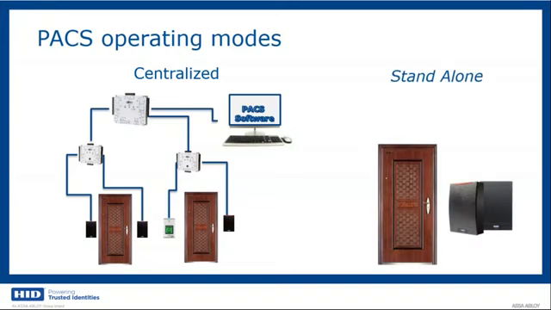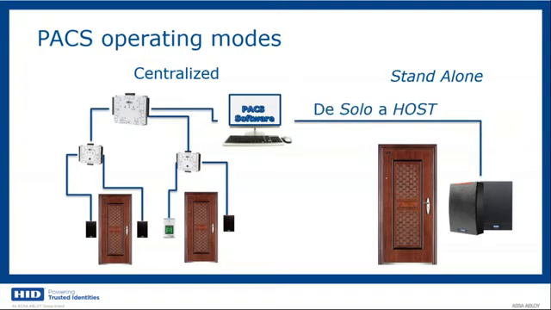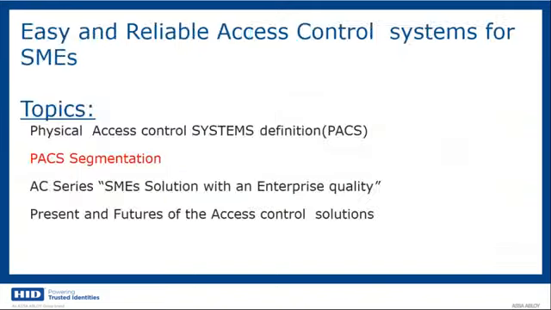Okay. The other one is standalone. Normally, HID has a lot of equipment that can work this way. When we are using a standalone solution, the controller has embedded software with all the information of the people that can get inside our facilities, but these standalone solutions can also be configured to work as a host and be added to a PACS software that will centralize all the doors in our facilities, okay?